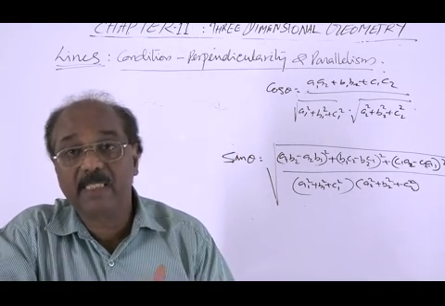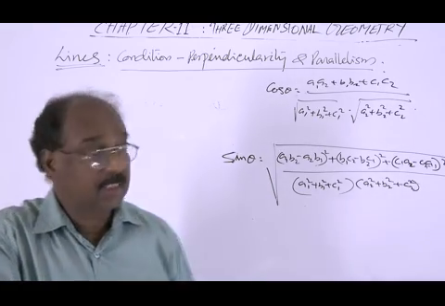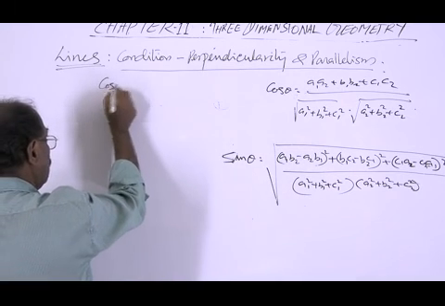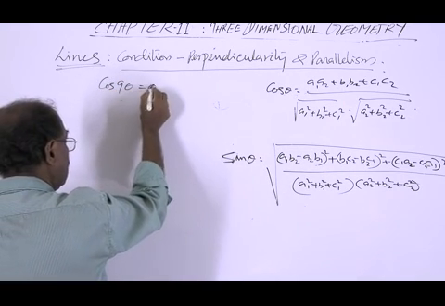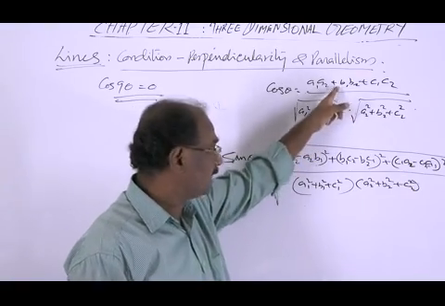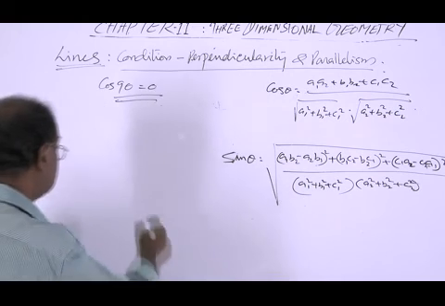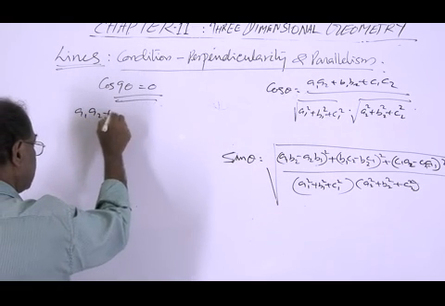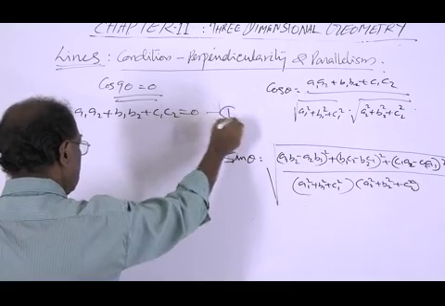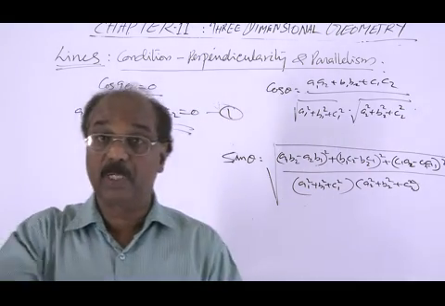And suppose the two lines are perpendicular, then theta equal to 90. In that case, cos theta is cos 90, which is equal to 0. Then this right side equal to 0, this fraction equal to 0, that is this numerator equal to 0, that is a1 a2 plus b1 b2 plus c1 c2 equal to 0, and this is the condition for perpendicularity.